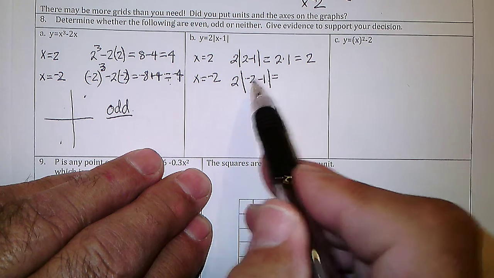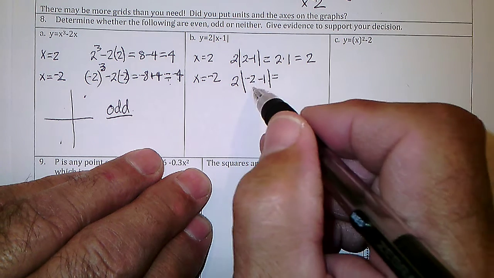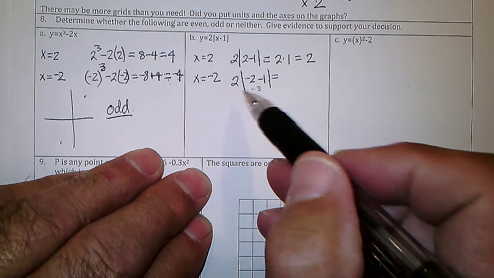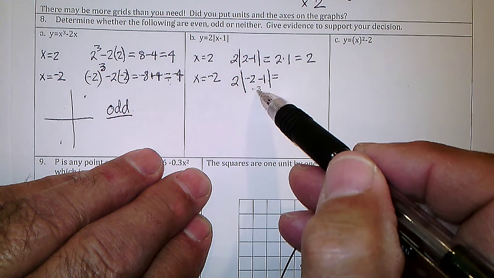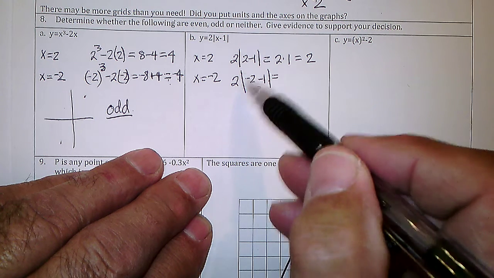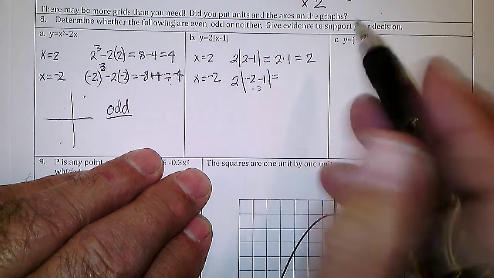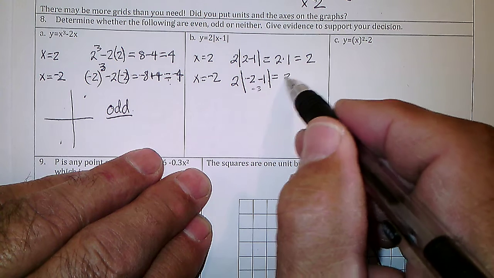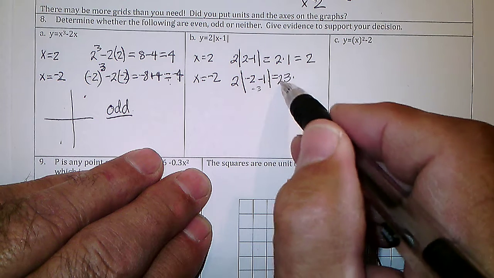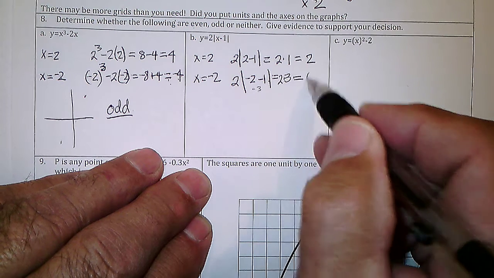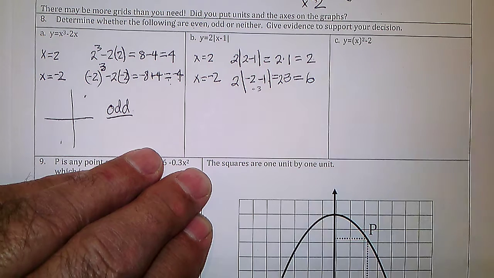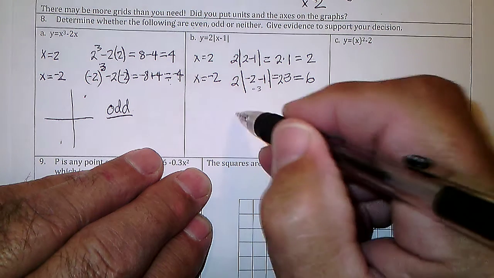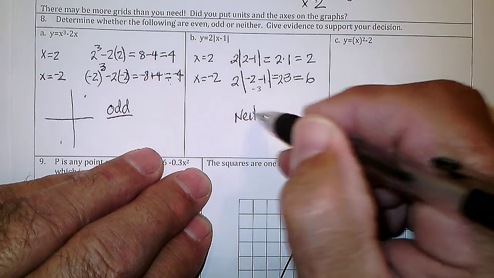So we got -2 minus 1, which is -3. Then the absolute value works. It doesn't work on these separately. So we got -3 absolute value, which is 3, times 2, which is 6. We didn't get the same. We didn't get the opposite. This is a neither.